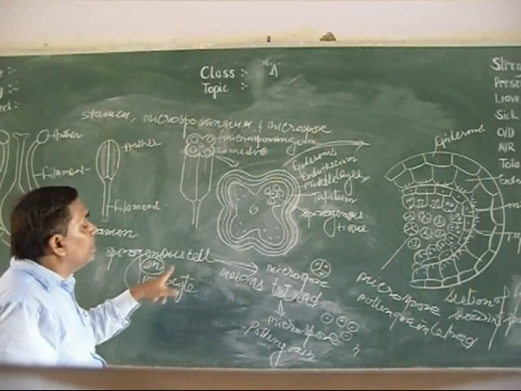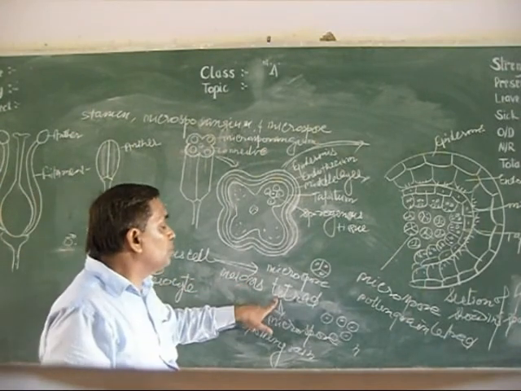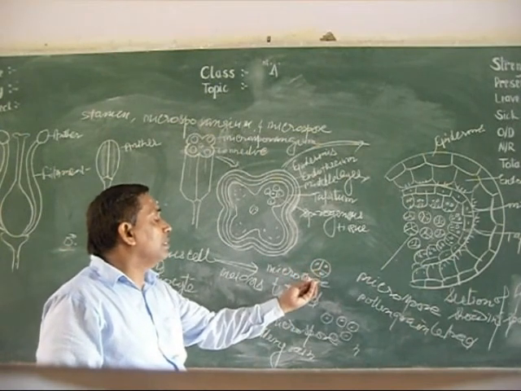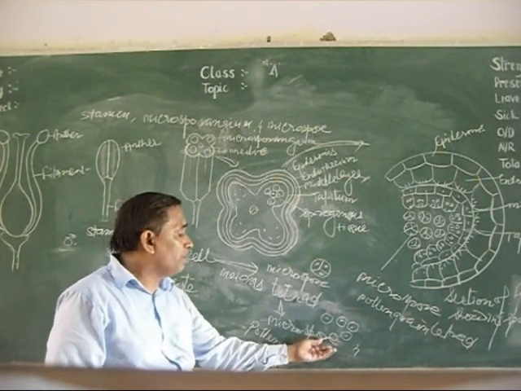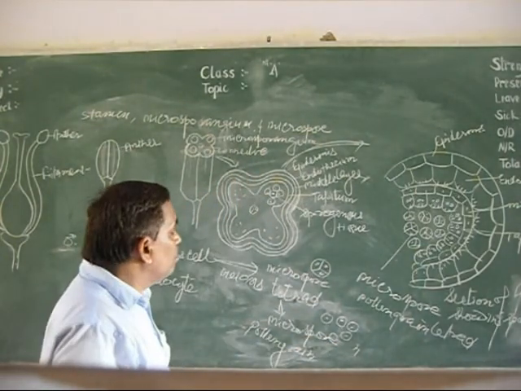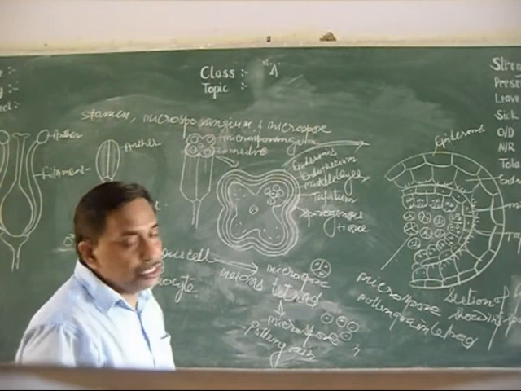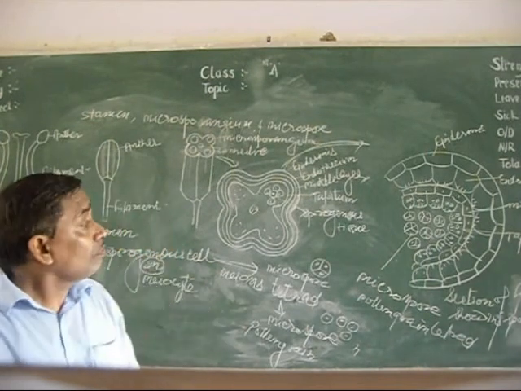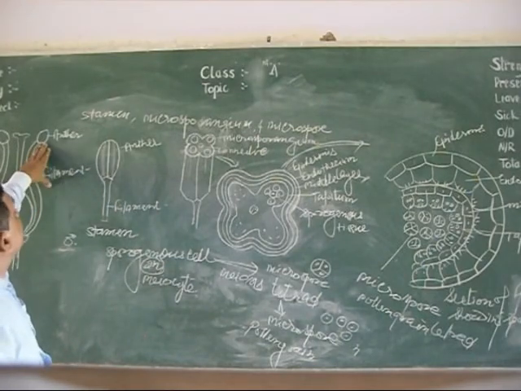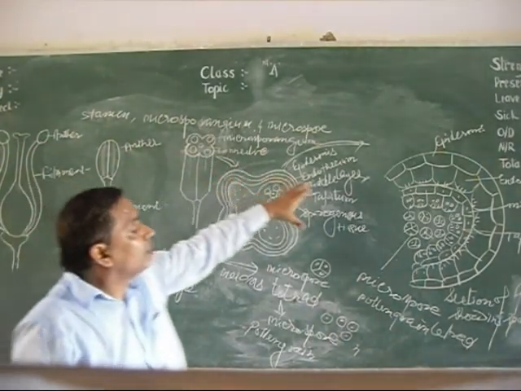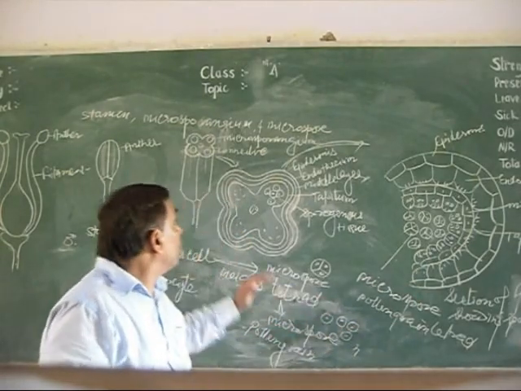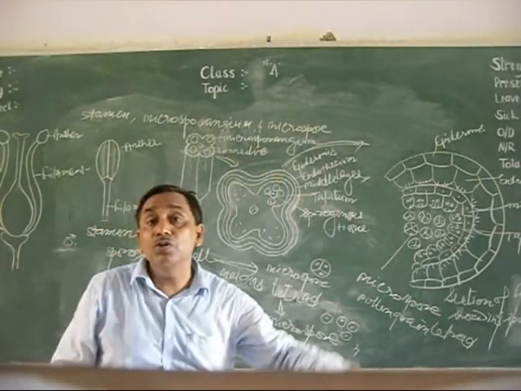Sporogenous cells are diploid, undergo meiosis and produce a microspore tetrad, which means it contains 4 pollen grains, and later on it gets separated into 4 pollen grains, microspores. So this entire process is called microsporogenesis. Now we can say that in the anther, the development of male gametes, pollen and microspores, occurs during microsporogenesis.